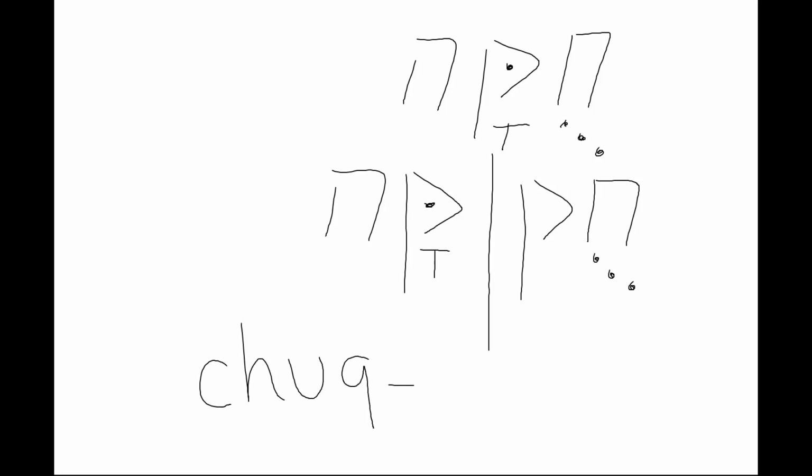Then you have the dagesh forte, which doubles the qof, so you have another q. Then you have the qamets under the qof, which is a. And then you have the hey, and we use h for hey. Chuqqah, that means a prescribed statute.